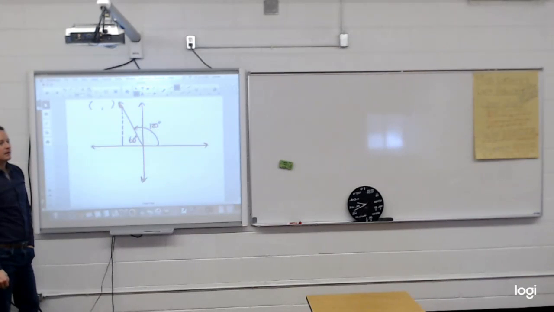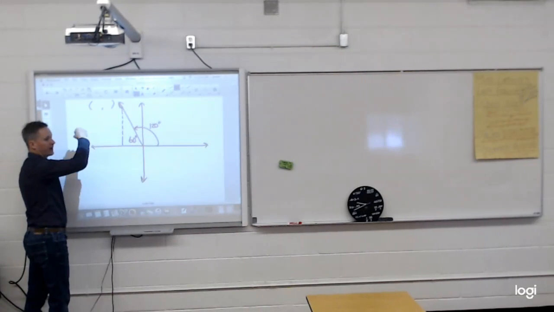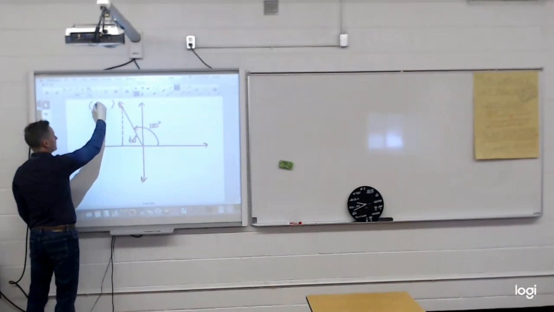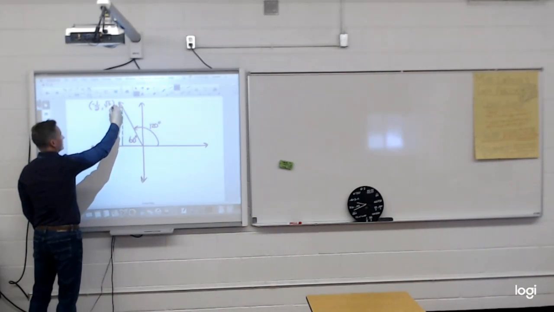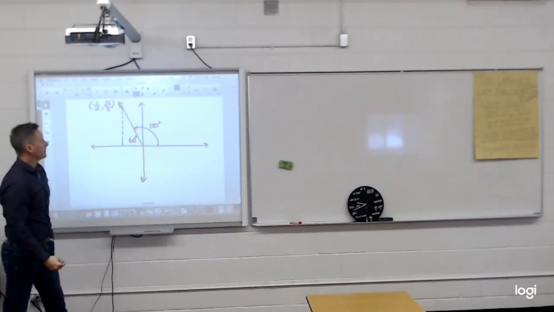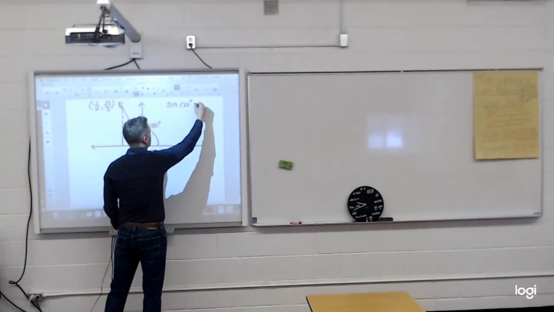But it's in the second quadrant, so what do we know? Which one has to be negative, X or Y? So I've got negative a half and root 3 over 2. So now, sine of 120 degrees is?